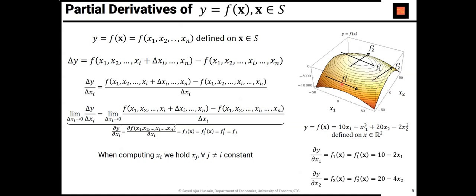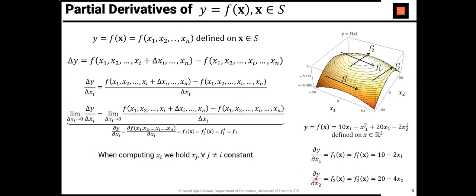To get just the slope of x1's, when I differentiate y with respect to x1, I'm holding x2 constant always. So if I do so, when I differentiate with respect to x1, this becomes 10. That becomes minus 2x1. And since this does not contain any terms in x1, both of these become 0. So that's the slope of the function with respect to x1 holding x2 constant.